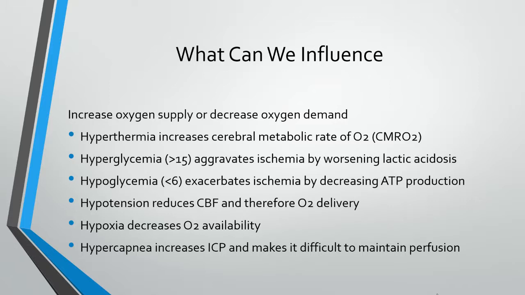Hypoxia, obviously, if we're hypoxic, we don't have the best possible oxygen in our blood to be delivered to the brain. And then hypercapnia, we want to avoid that, as high CO2 causes higher ICP, and it makes it a lot more difficult to maintain perfusion and a good CPP.